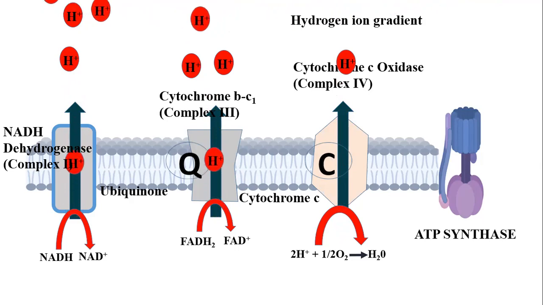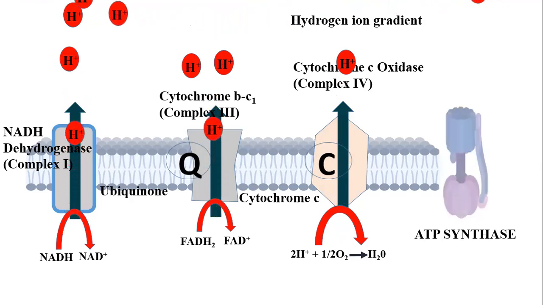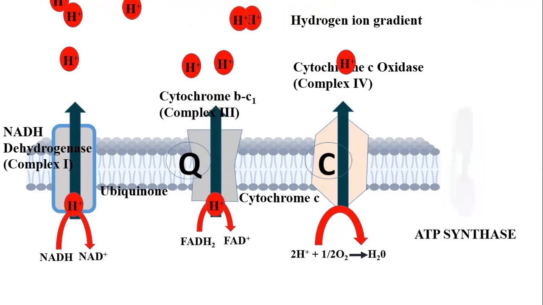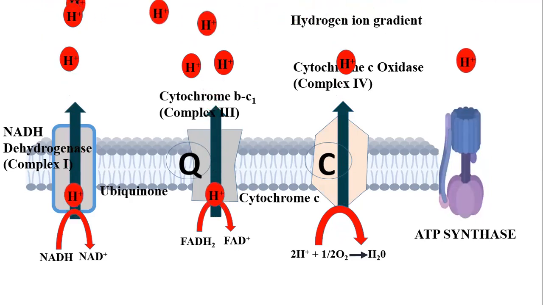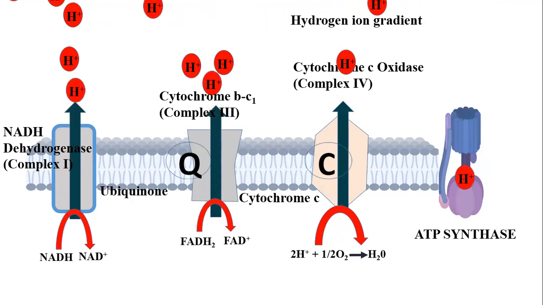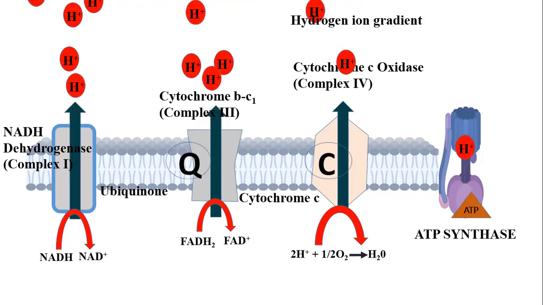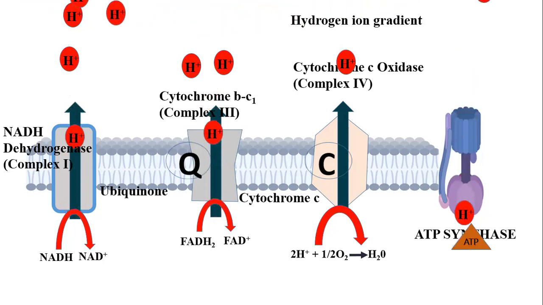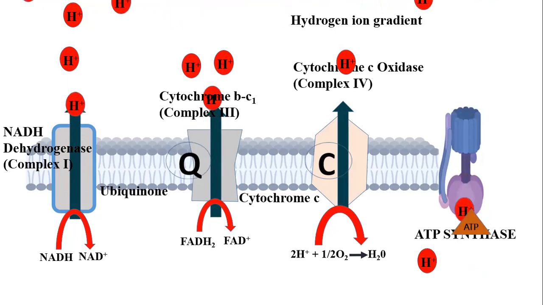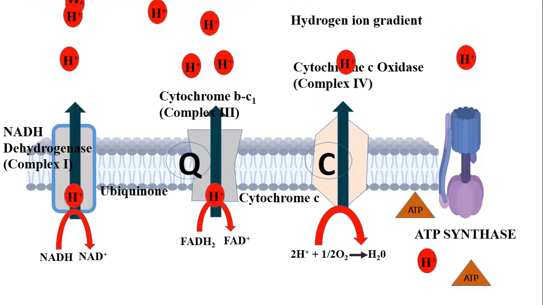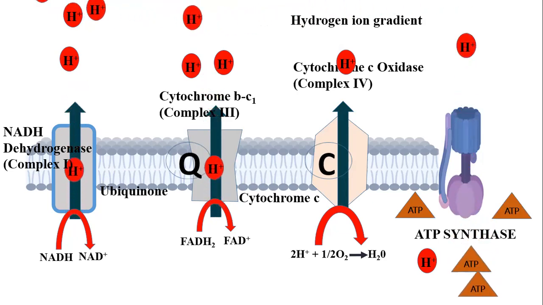And all these contribute to the generation of the hydrogen ion gradient, which provides the force for the ATP synthase to be able to start production of ATP from ADP, because the proton also wants to find its way back into the matrix through the ATP synthase, and this force makes ATP synthase able to synthesize ATP in the matrix.